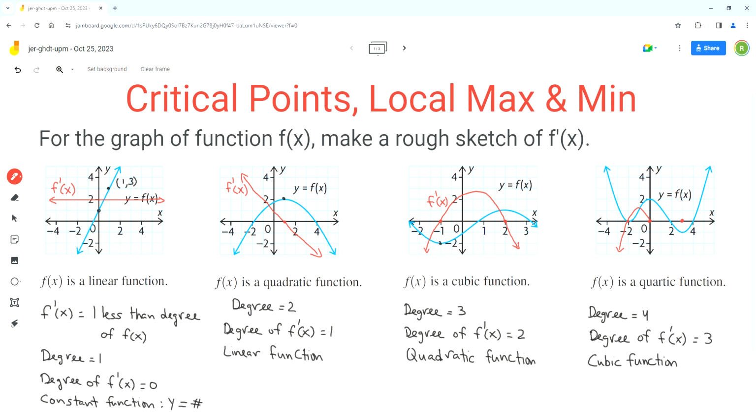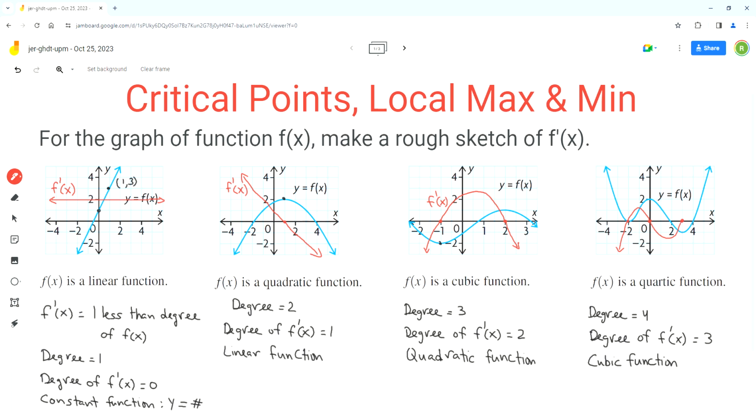Now between 0 and 3, the graph is decreasing because as we go from left to right, the given graph is sloping downward. So that means the graph of f prime of x should be below the x-axis. So we can show the graph like this.